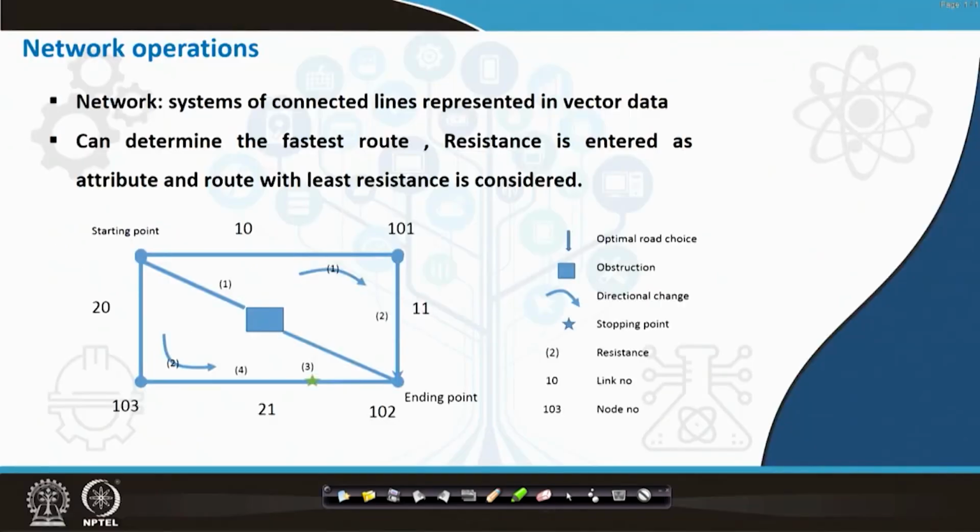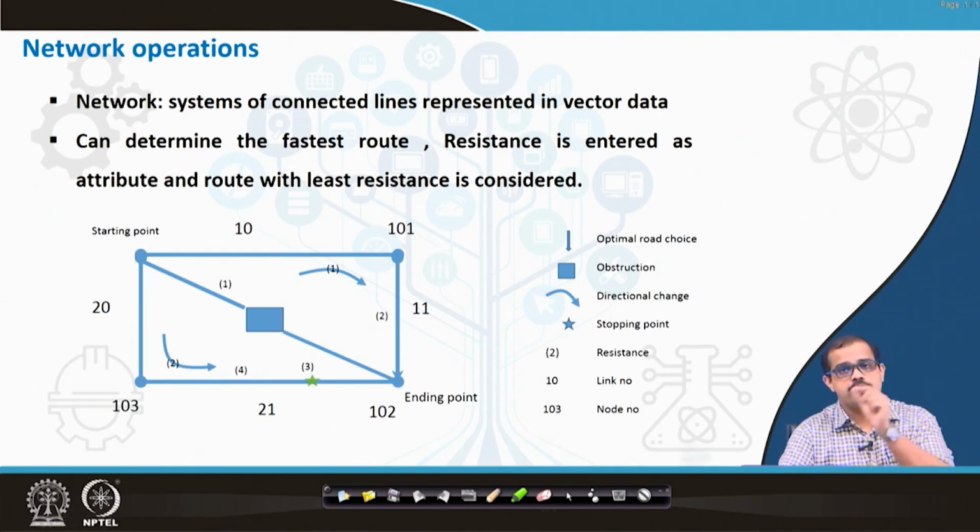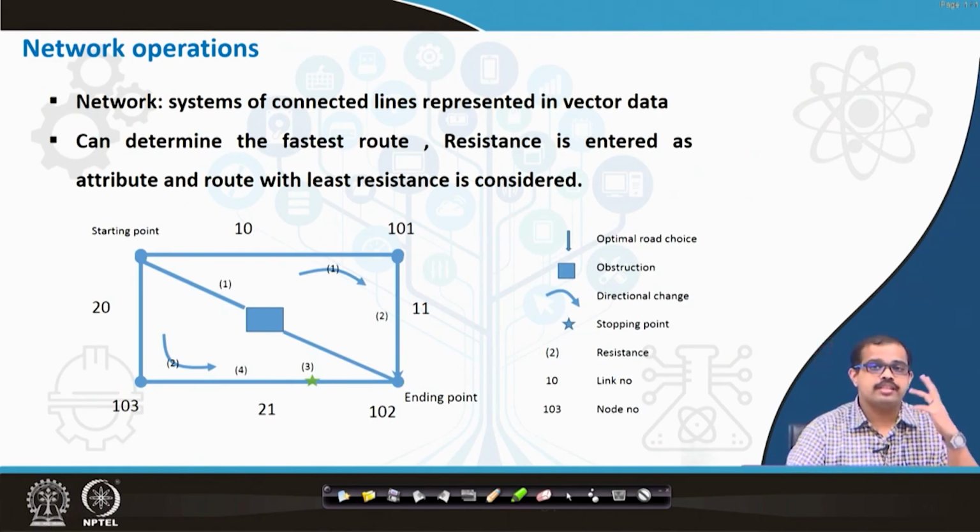When we are looking at network operations, a network is a system of connected lines represented by vector data, okay. In this particular figure, there is a starting point and there is an ending point. As I spoke in the previous class, if you want to reach a particular destination from a particular point, there can be several routes.